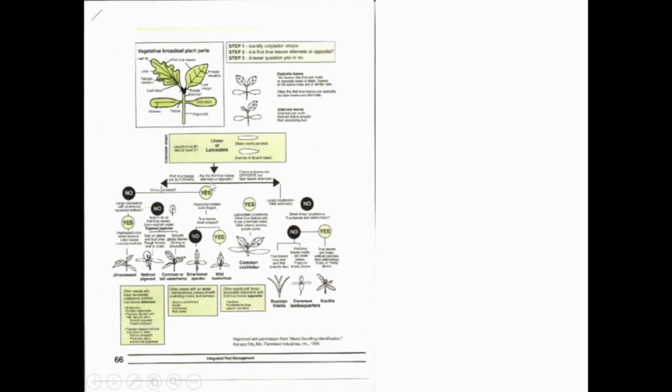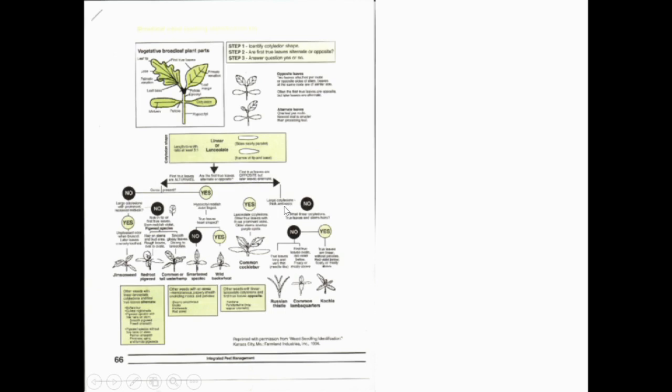And this is a little too small for me to read on the screen, and I forgot my hard copy, but it looks like we're looking at the first true leaf. Yeah, the first true leaf. So we're looking at opposite or alternate. If we go to opposite, then we go to the right side of the screen, and then we're looking for cotyledon shape.